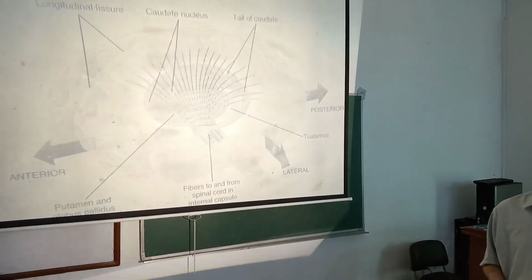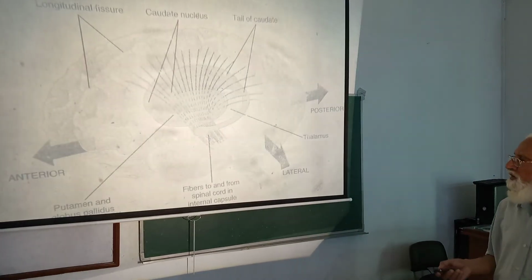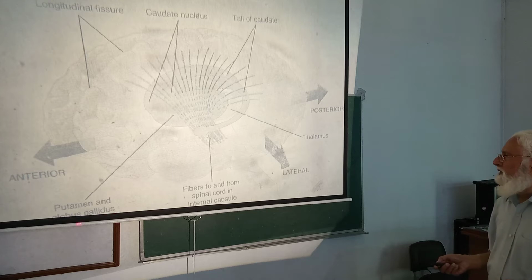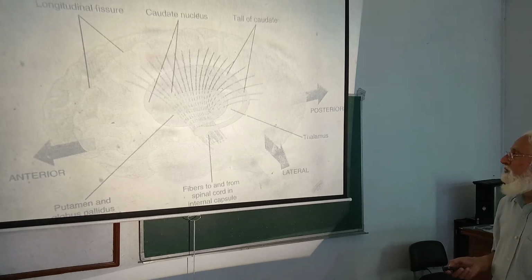So these 5 structures are included in the basal ganglia: the caudate nucleus, putamen, globus pallidus, substantia nigra, and subthalamic nucleus.